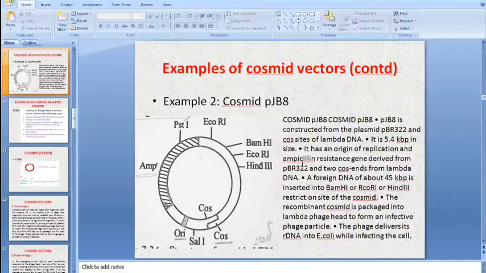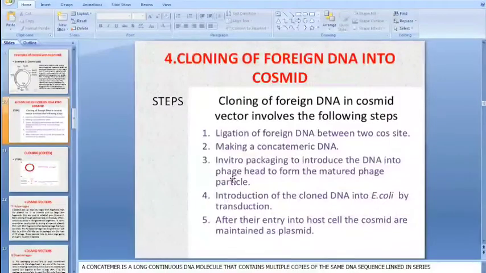So it can insert foreign DNA up to 45 kilobase pairs at different restriction sites like BamHI, EcoRI, and so on. So these are the two examples of vectors which are frequently used as cloning vectors.